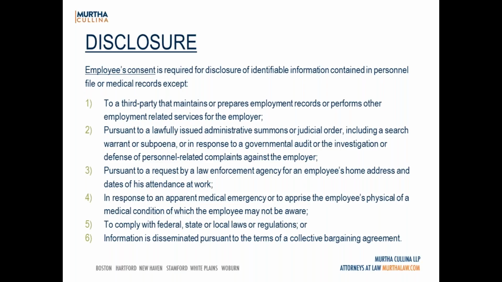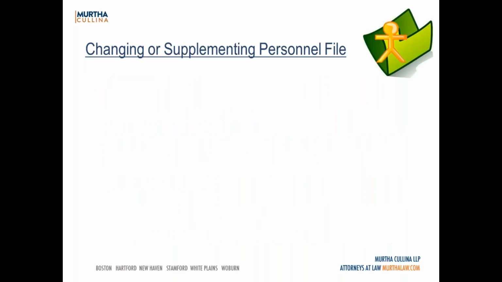So you don't need employees' consent once you get a subpoena for that type of information. If there's a summons issued by a law enforcement agency, you can produce that. But just know the general rule is you should not be disclosing personnel information or medical information without fitting into one of these categories.